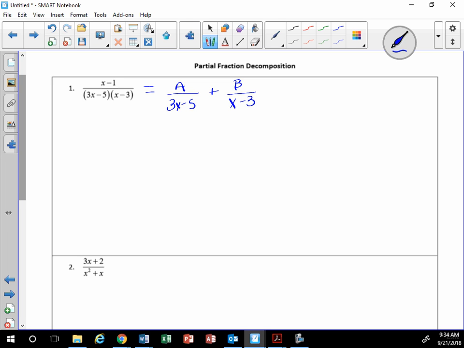So there's a process for this. I am going to multiply the entire thing by these common denominators. So by the 3x minus 5, the x minus 3. Getting rid of the fractions in the very first step. So what is going to be left on the left side of my equation? x minus 1, right?